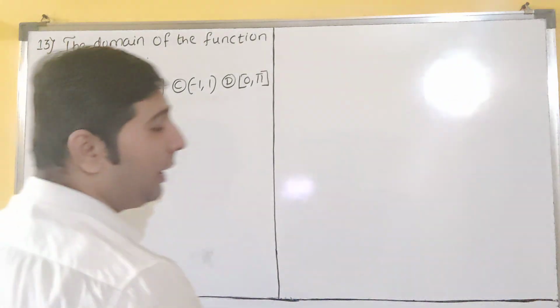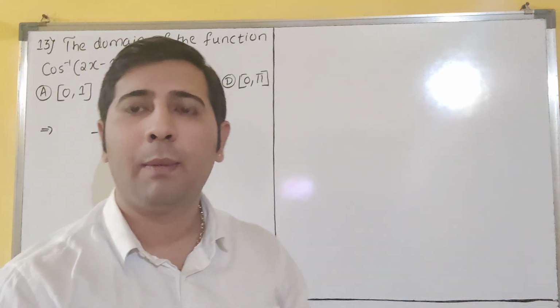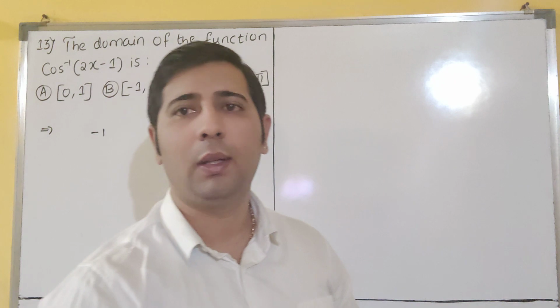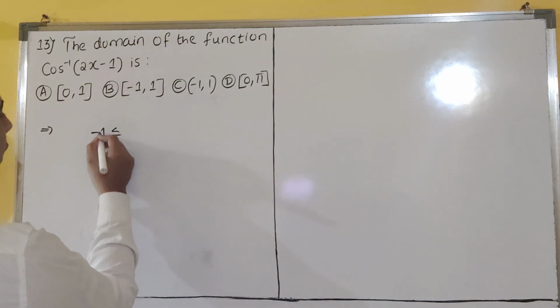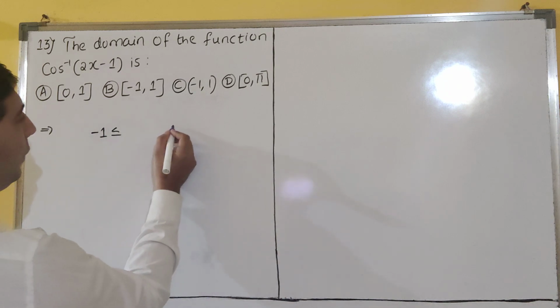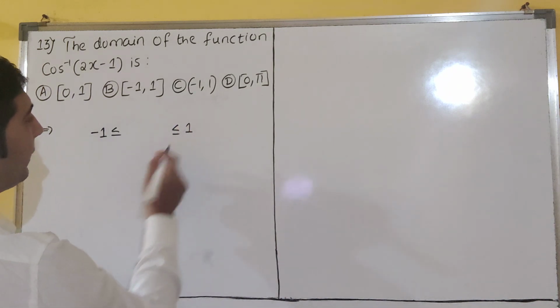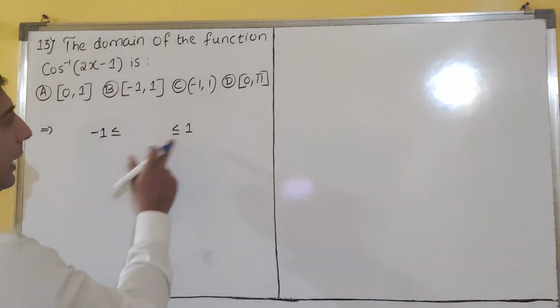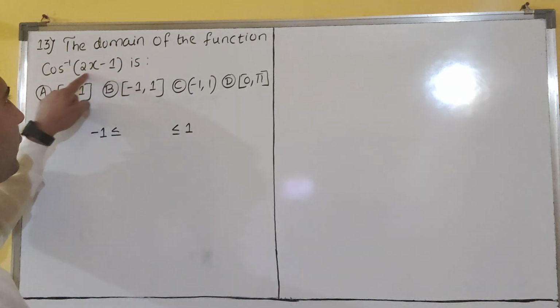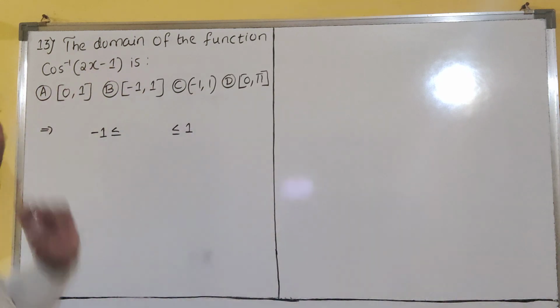That means x lies between minus 1 to 1. Understood? Domain of cos inverse x is minus 1 to plus 1, dear students. That says x will lie between minus 1 to 1. In the place of x what is it here? 2x minus 1.